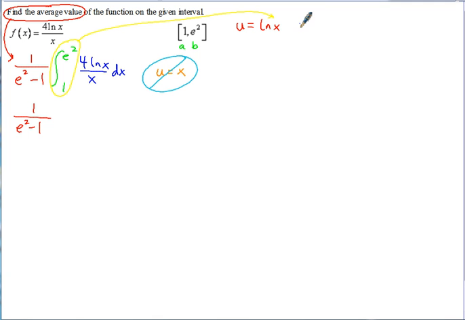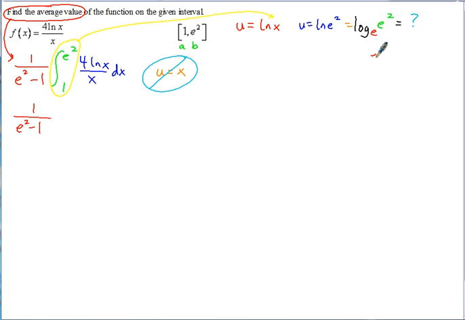So if we substitute in e squared, we get u equals the natural log of e squared. And here's where it's helpful to remember that natural log is the same as log base e. When you're looking for what a log equals, remember the question you ask yourself: logs are equal to exponents.